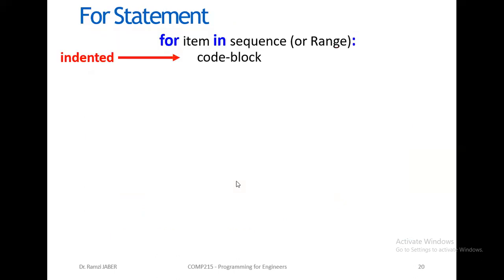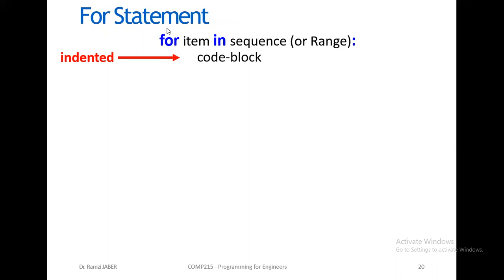Now the new thing here in Python is the for loop. It's totally different. Here we have a variable for the item, for i, anything, variable n.